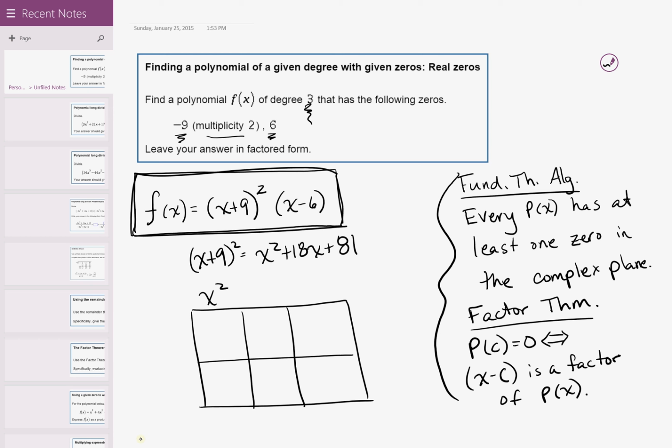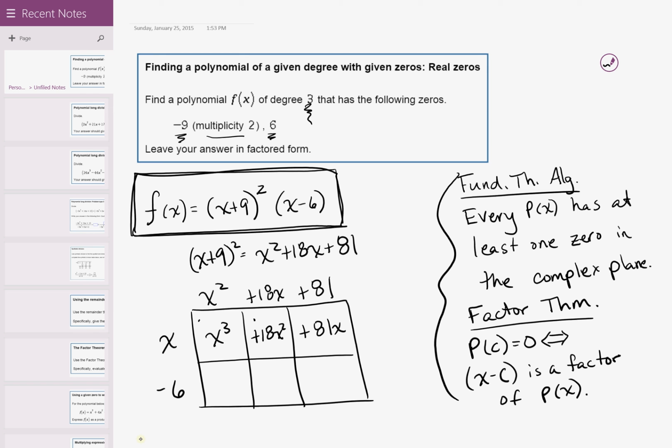x squared plus 18x plus 81. And I always use my signs. I always include the plus, this addition and subtraction. This is x minus 6. x times x squared is x cubed. x times positive 18x is plus 18x squared. x times positive 81 is plus 81x.